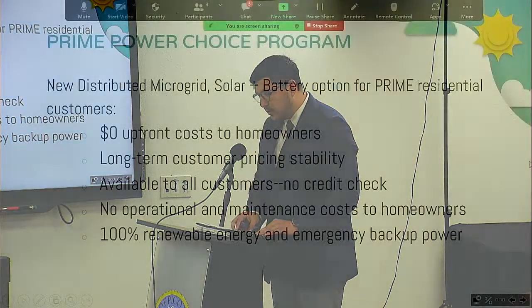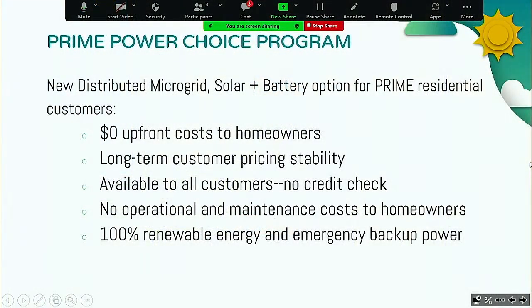The Power Choice program is a distributed microgrid program that facilitates solar and battery accessibility to PRIME customers through no upfront cost and no credit checks. Price stability at approximately 14 cents per kilowatt hour with a 1.9% escalator over 25 years.